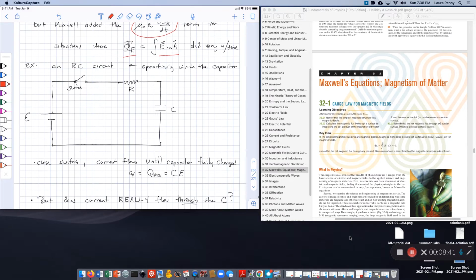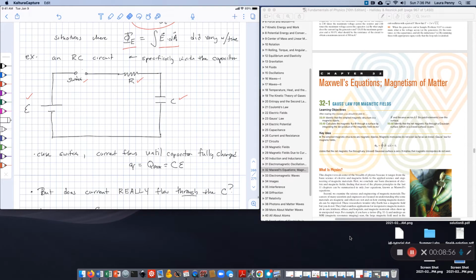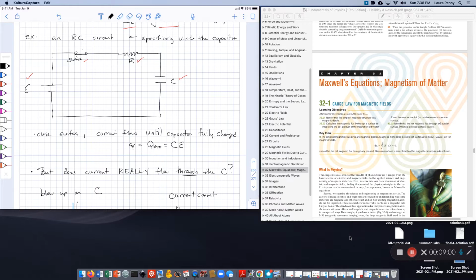So let's think about just an RC circuit. I have this RC circuit where I have some EMF, a resistor, a capacitor and a switch. When I first close this switch, I'm going to see current start to flow like this, right?